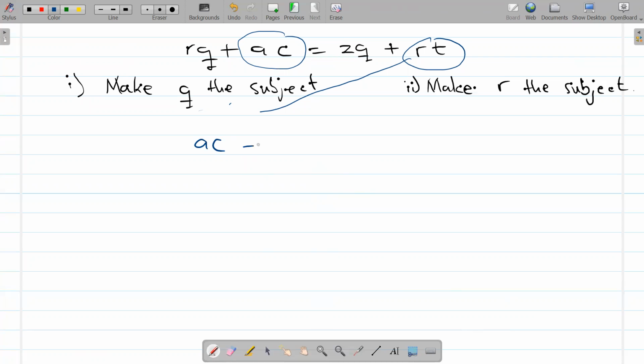AC minus RQ is equal to RT minus ZQ. I want you to make Q the subject. And when you finish, you make R the subject.